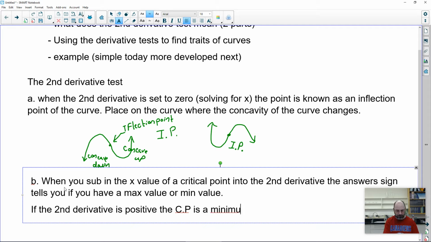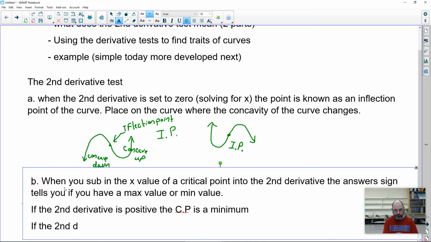Okay, so it's kind of opposite of what you might think. If the second derivative is negative, this is when you're subbing in the x value of the critical point, the critical point is a max value.